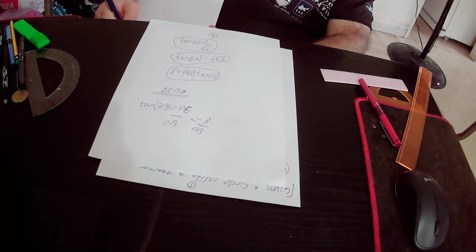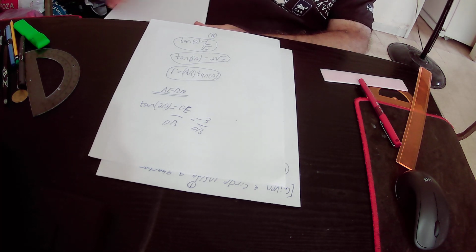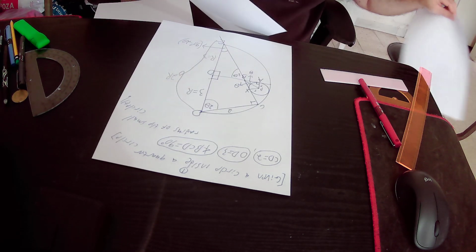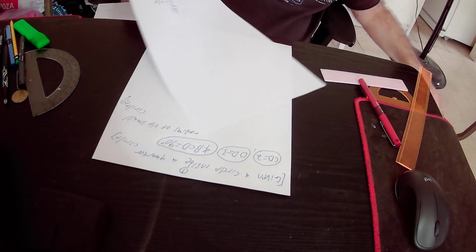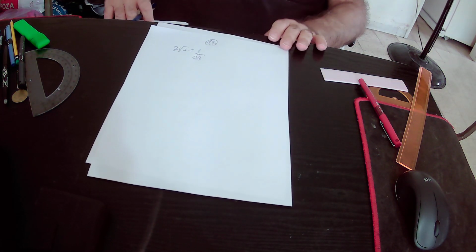We will get that 2 times root 2 equals 3 over OB.